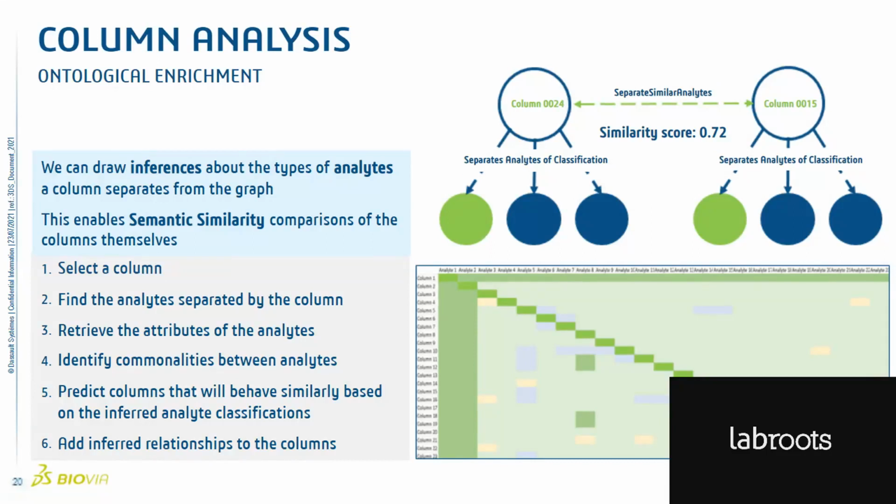So here, we want to select the column, find the analytes that are separated by it, retrieve those attributes of the analytes, and see if there are any commonalities between the ones that we have already and what we're trying to separate out. Then we do the prediction, and then finally add any extra inferred relationships to the column to proceed with method development.